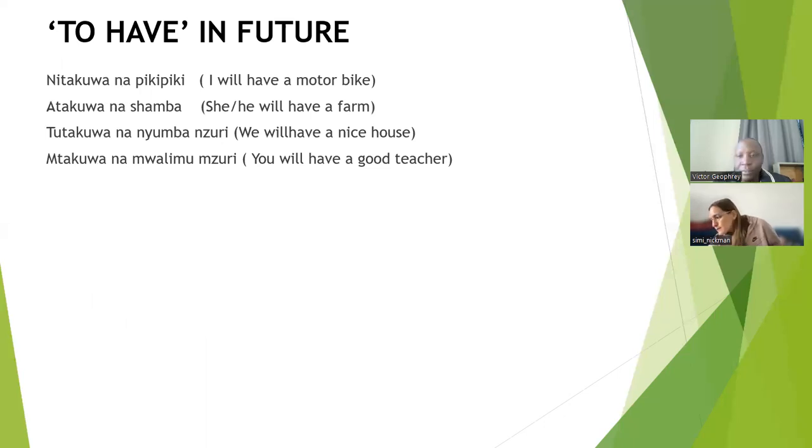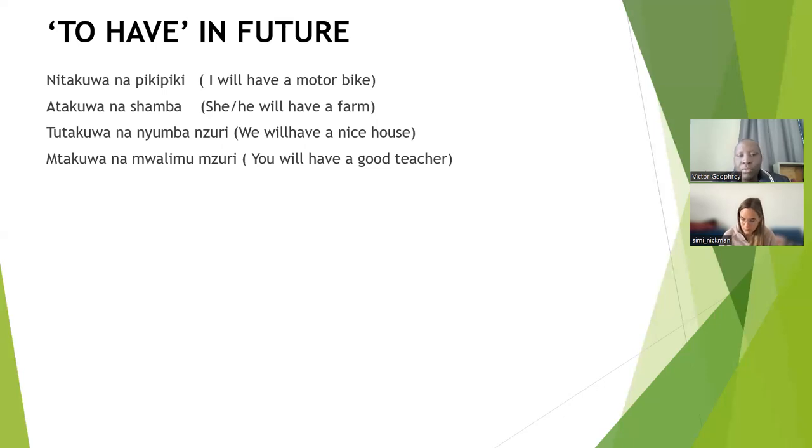Okay, then in the future, the verb to have in the future is as easy as it is in past, the same as this. Nitakuwa na pikipiki. Atakuwa na shamba. Tutakuwa na nyumba nzuri.